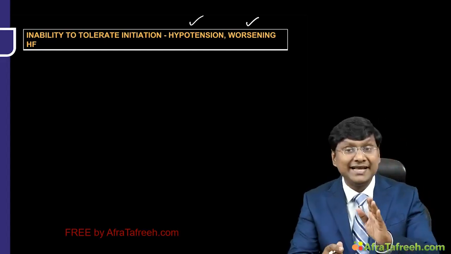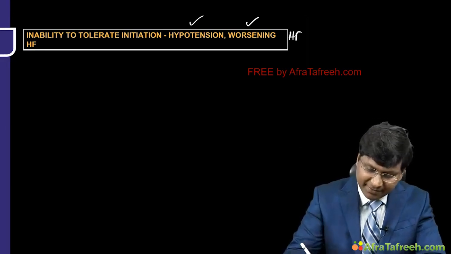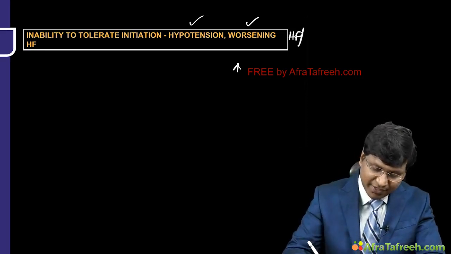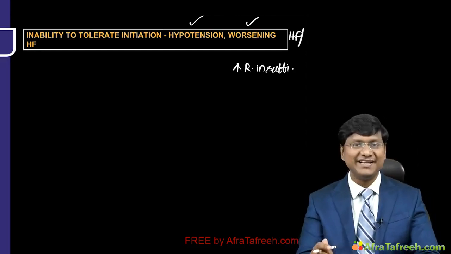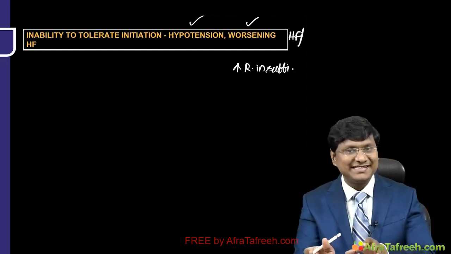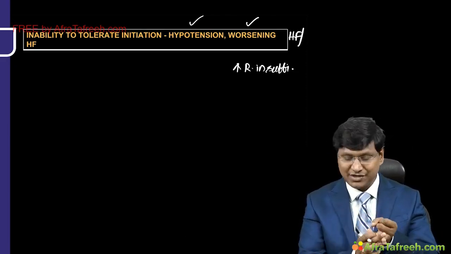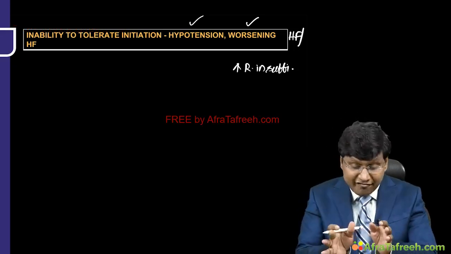There can also be worsening of the heart failure, and there can also be progressive renal insufficiency. So these are the things which cannot be tolerated: hypotension, worsening of heart failure, and impairment of renal function.